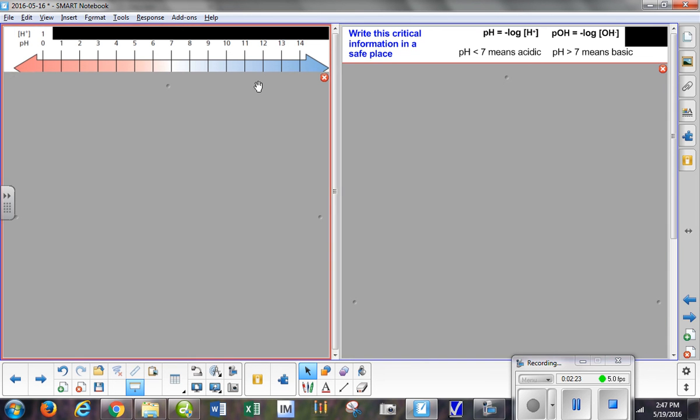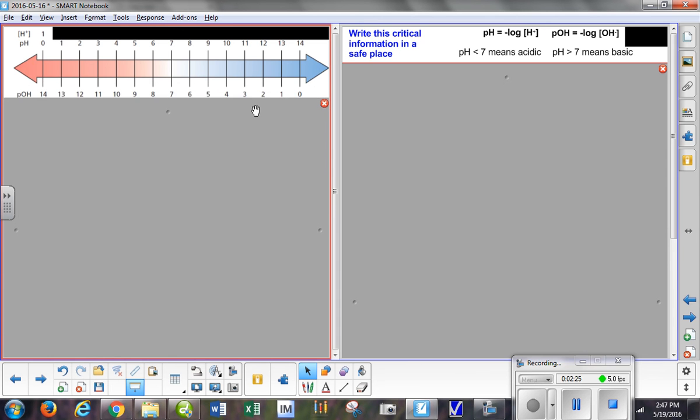Now, if you look at that graphic and bring your paper down so you can see the pOH, the pOH is going to be exactly the opposite.